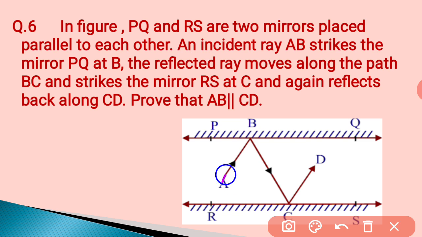AB falls on the mirror PQ and gets reflected as BC. Then BC becomes the incident ray on RS and gets reflected as CD. This is how the rays are.